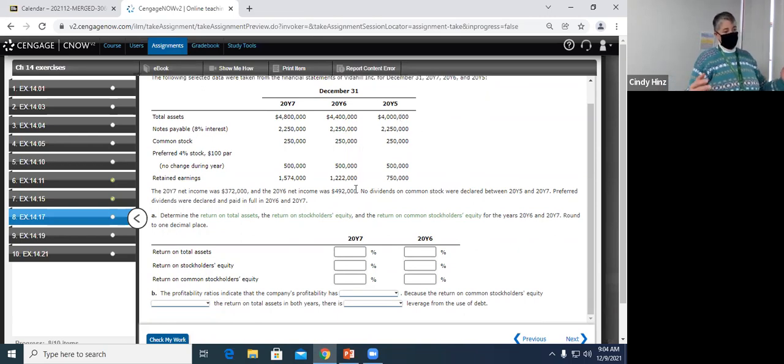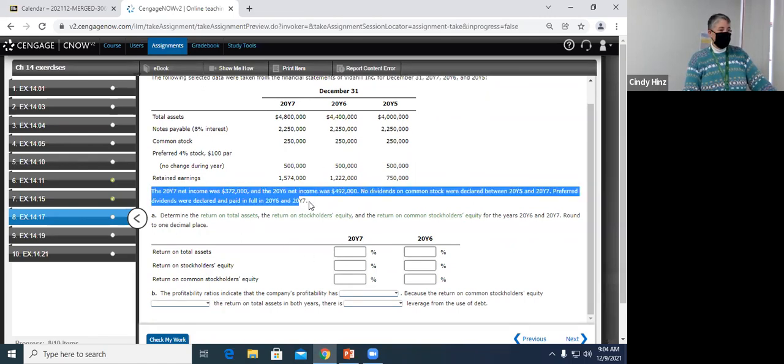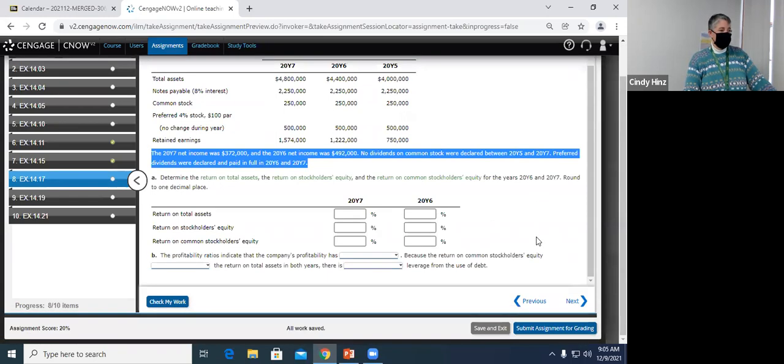In case you're wondering why they gave us 3 years worth of data when we're doing 2 years of calculation, these would represent our beginning balances for 2016. We're given some additional information underneath the table that we will need as we go through this. And we're going to start with return on assets. I think we'll do the 2017 calculations together, and then I'll ask you to do the 2016 on your own.